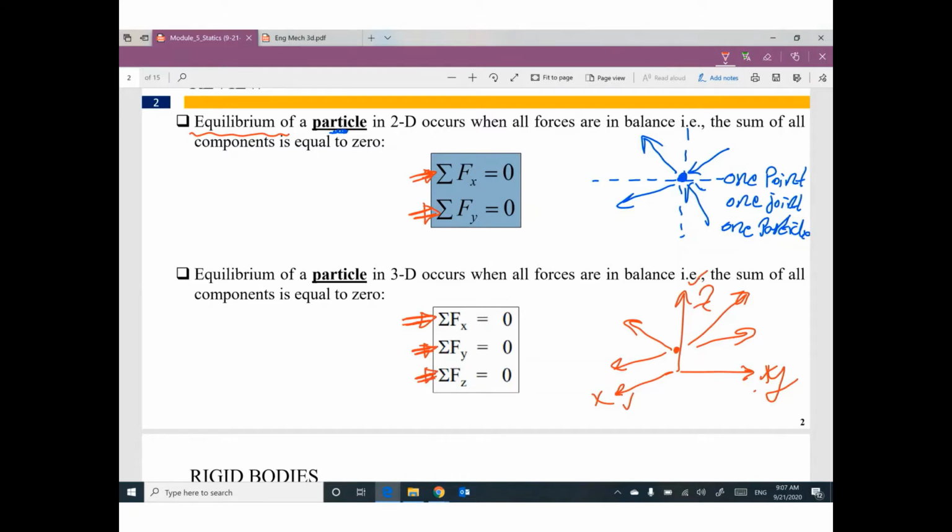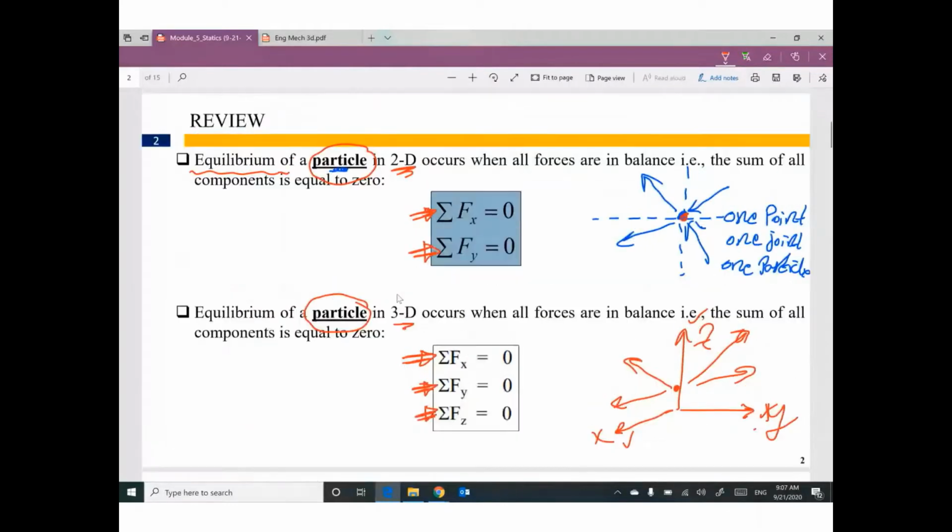But this equilibrium is only for a particle, one point, and all forces intersect at this point, even in 2D or 3D.